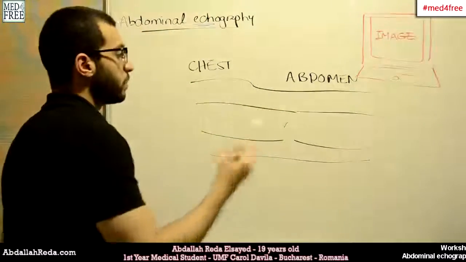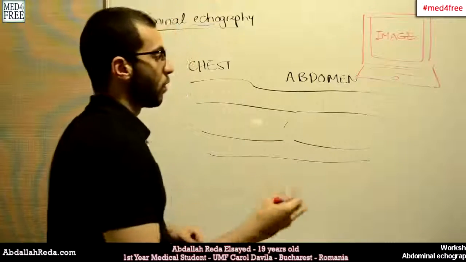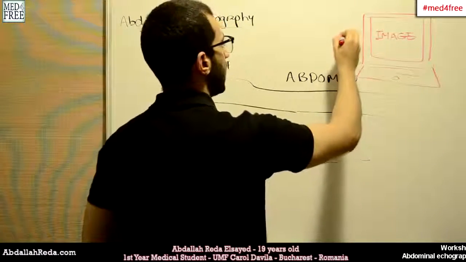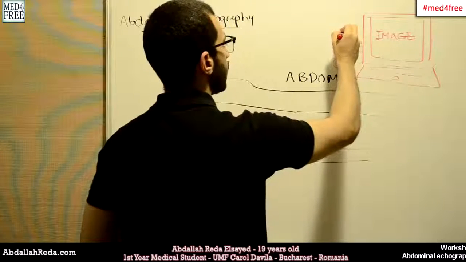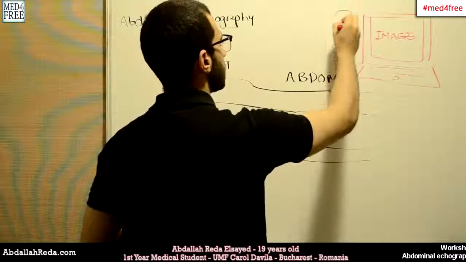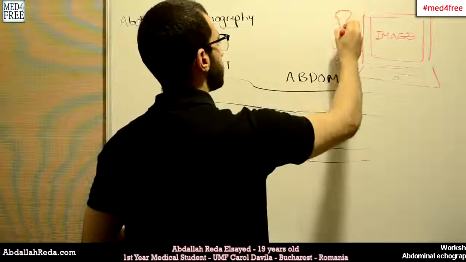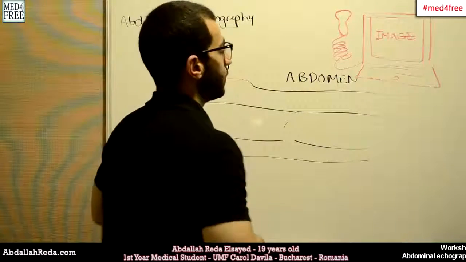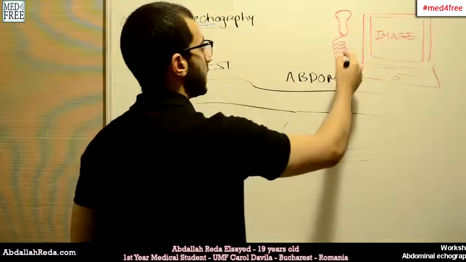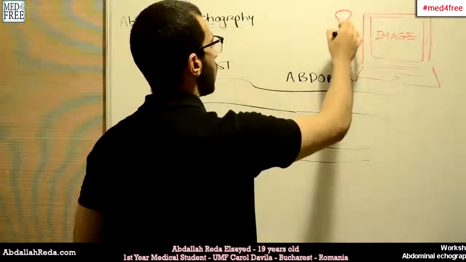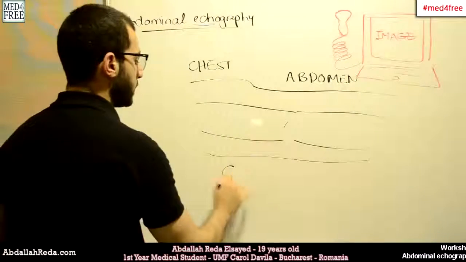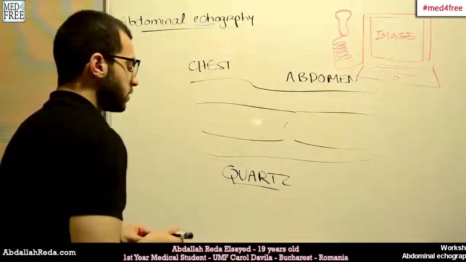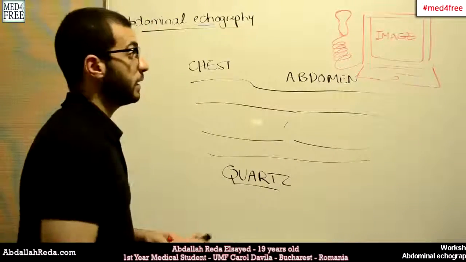And the most important part is the probe. The probe is made out of quartz. It looks something like this. So we have a wire that transmits electrical signals, and the probe itself is made out of quartz, so it's very fragile. So you should be careful while handling it.